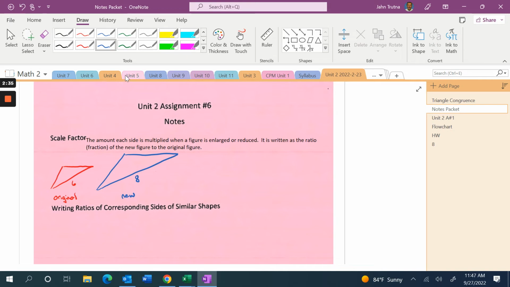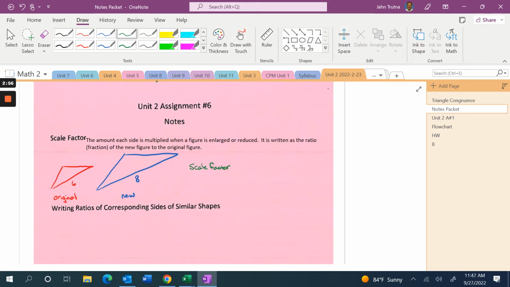So that means the scale factor of these triangles is going to be the amount that I would multiply these figures when I enlarge from the red to the blue triangle.